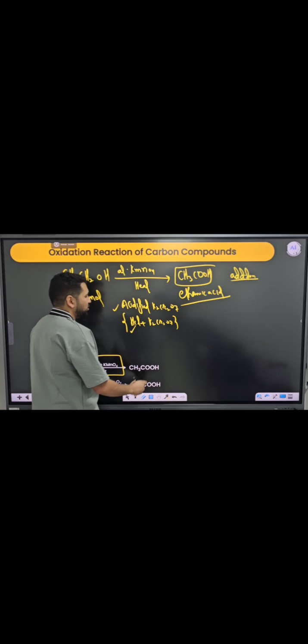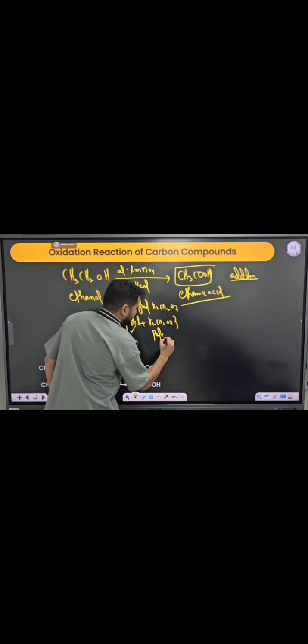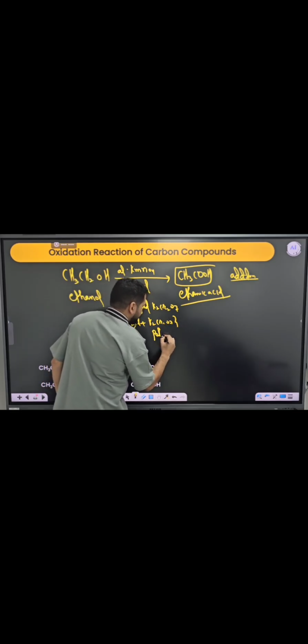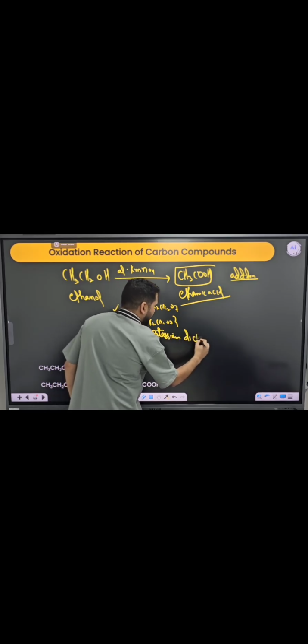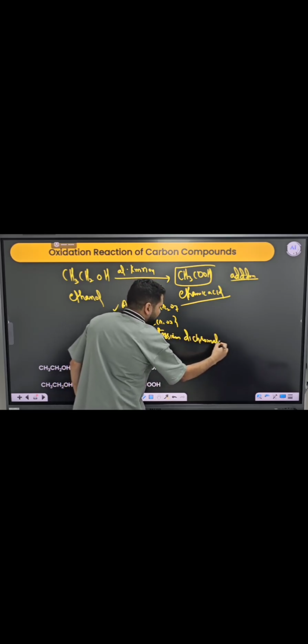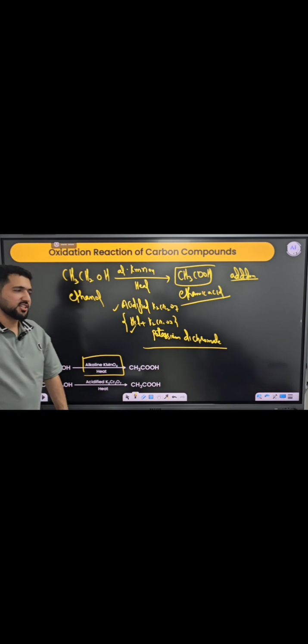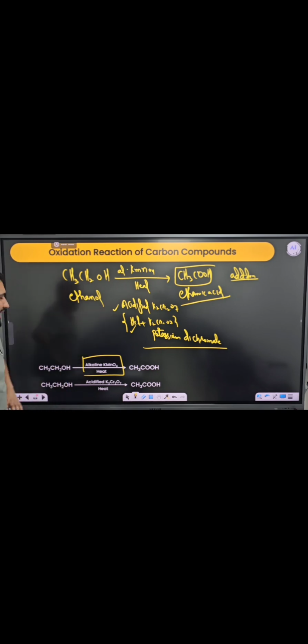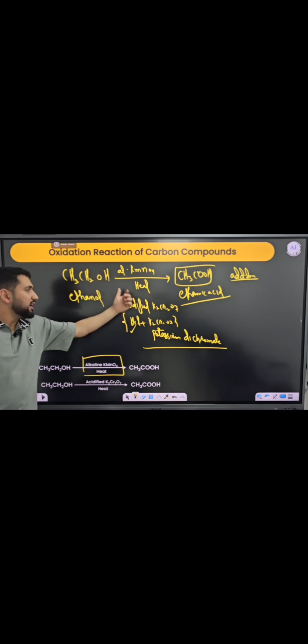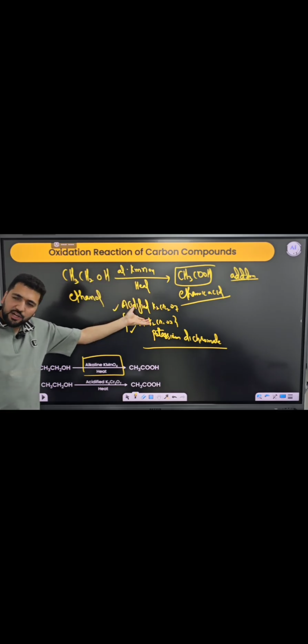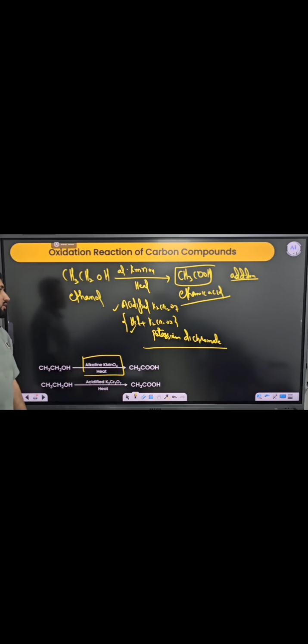This K2Cr2O7 is called potassium dichromate. So ethanol can be converted into ethanoic acid with the help of an oxidizing agent, and that can be acidified K2Cr2O7 or alkaline KMnO4.